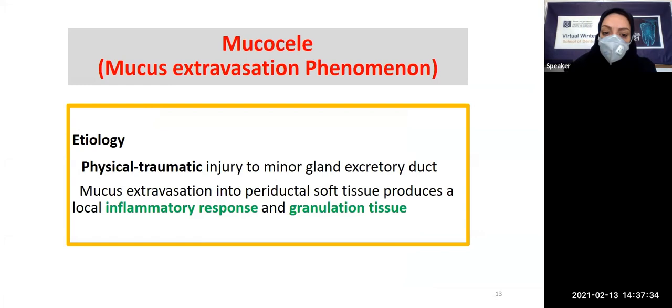And that results in the produced mucin not being able to go into the oral cavity, and it's extravasated into the surrounding soft tissue. And there is a local inflammatory response of the host and granulation tissue formation. It is the most common salivary gland lesion that you can see inside the oral cavity.